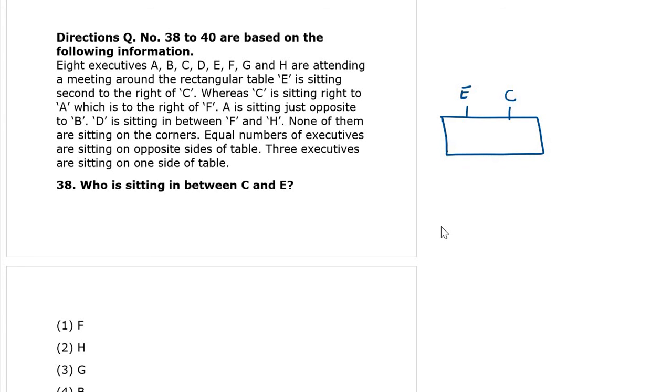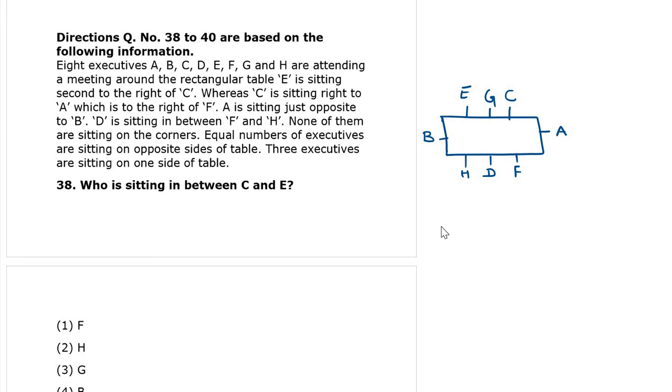Therefore, right side is this side. Whereas C is sitting right of A. So here it is A. A is sitting just opposite of B. Okay. D is sitting in between F and H. None of them are sitting in the corners. Only one is left. This must be G.